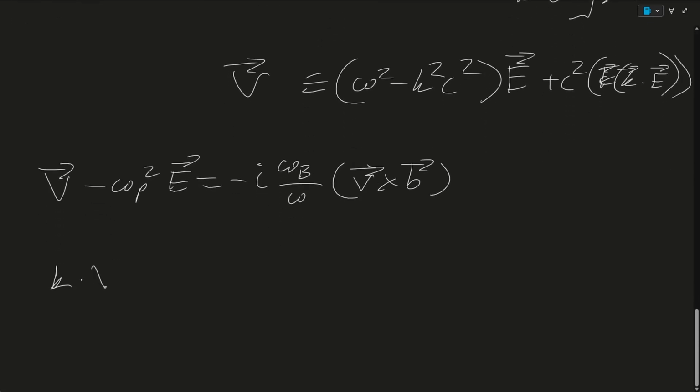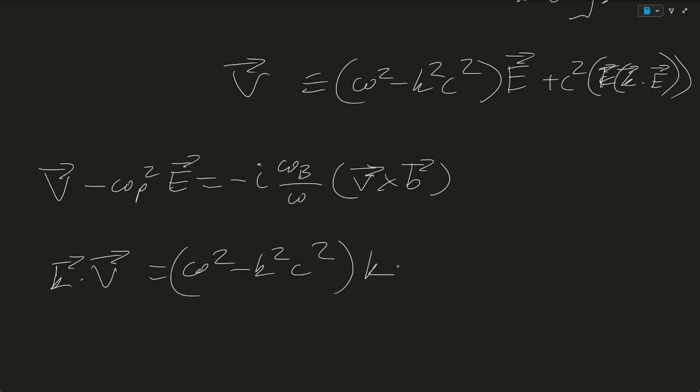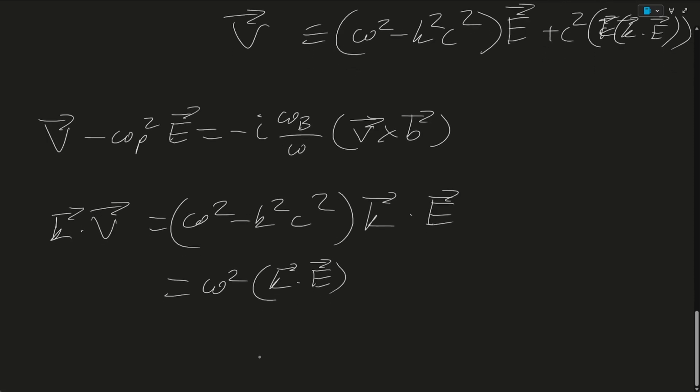So k dot v would be omega squared minus k squared c squared times k dot e. Which is just omega squared k dot e. Wonderful.